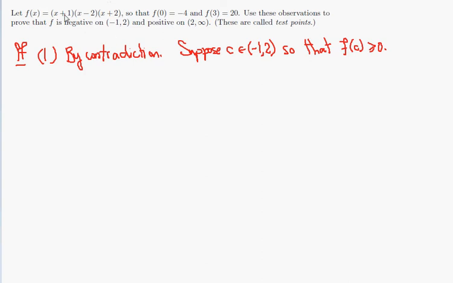The roots of f are negative 1, 2, and negative 2, so there can't be a fourth root between negative 1 and 2.